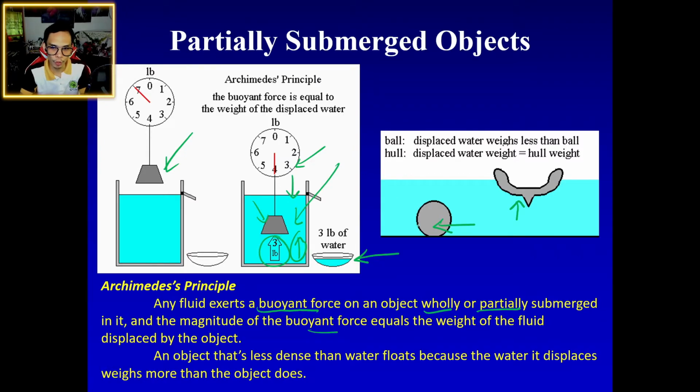For example, the mass of the ball is 2 kilograms, while the buoyant force of the water is only 1 kilogram. So there is a difference of 1 in terms of their forces. What happens here is the buoyant force cannot counter the weight of the object, therefore it sinks.